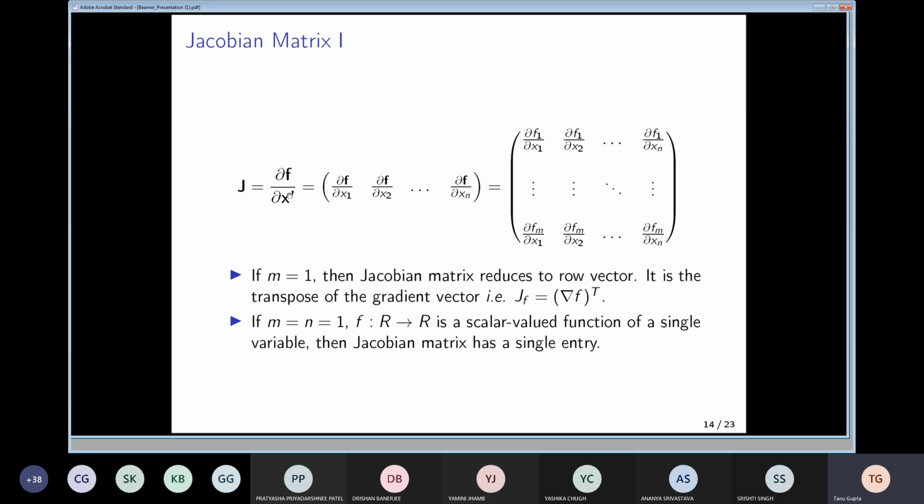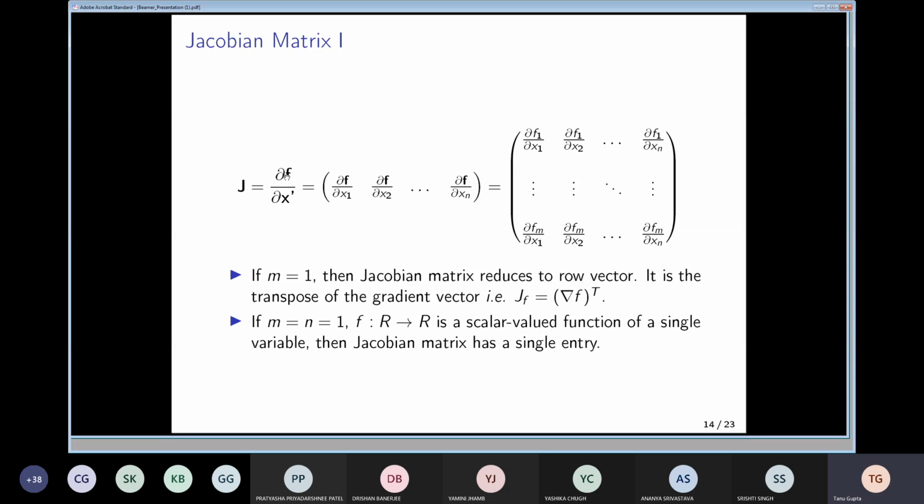Okay. So how to denote a Jacobian matrix? What is the notation? A Jacobian matrix is denoted by capital letter J, which is effectively del F over del X prime.